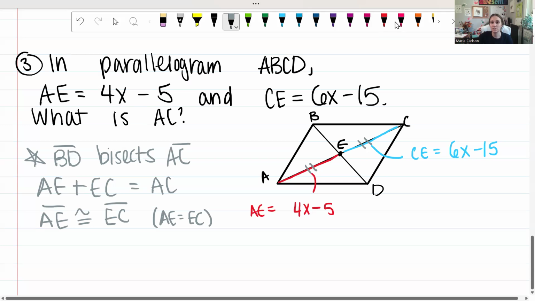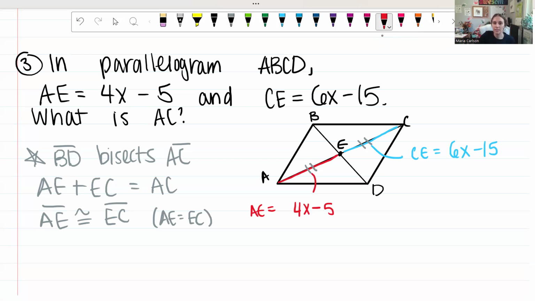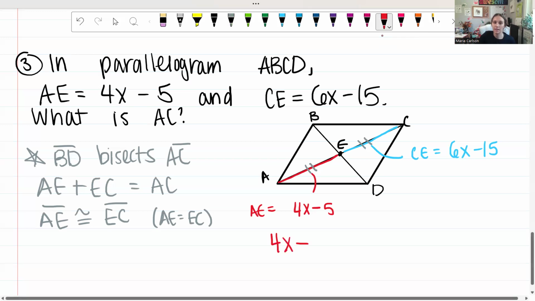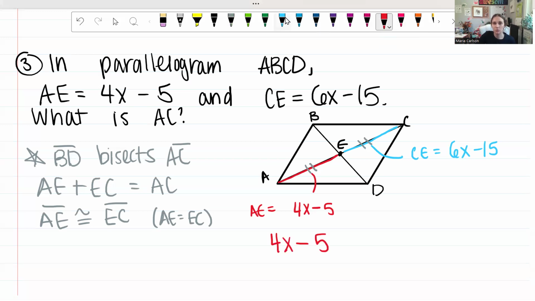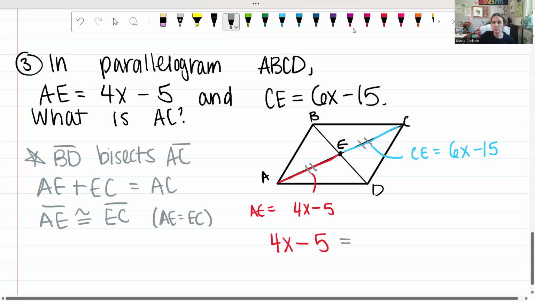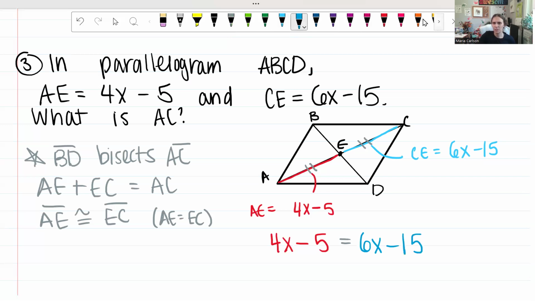So let's set these two lengths equal to each other. AE is 4x minus 5, and we will set that equal to CE, which is 6x minus 15. And we will try to figure out what this x is.